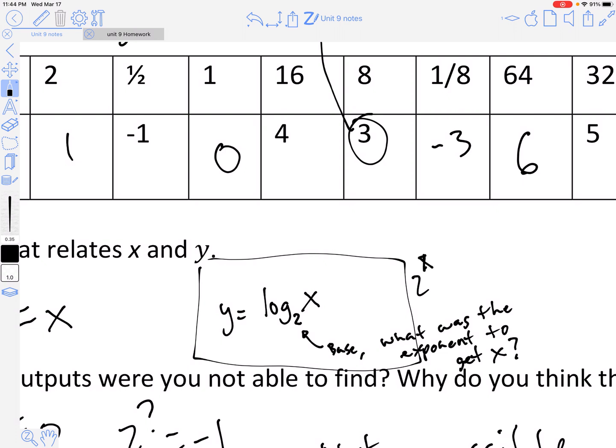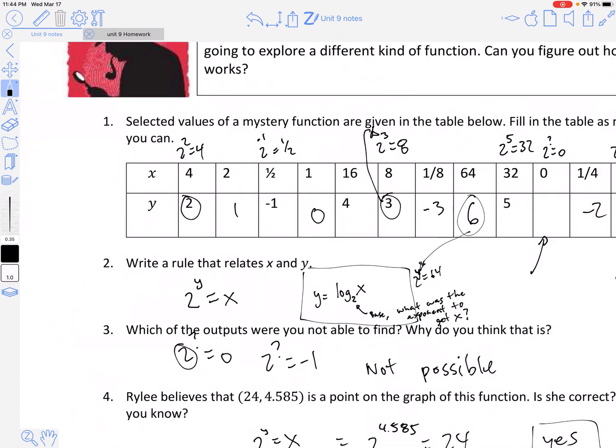I'm going to put a y there, as we did before. What was the exponent to give you 64? Well, it was 6. So the answer is the exponent. That's the point of a log, and this is how you write it.